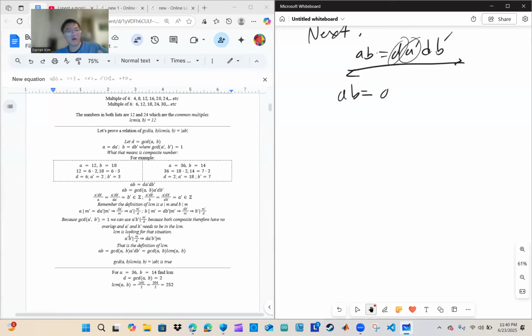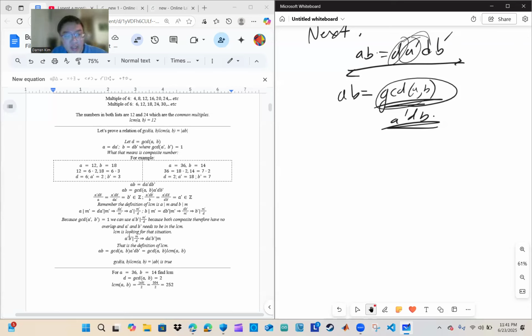We defined A equal to d A prime and B equal to d B prime, so we just substitute. And this I found equals GCD(A, B) times (A prime, d B prime). I just want to show you where one of the d's goes, because in here there are two d's, and one of them we can bring back to the GCD. No foul play. We already have one of them.